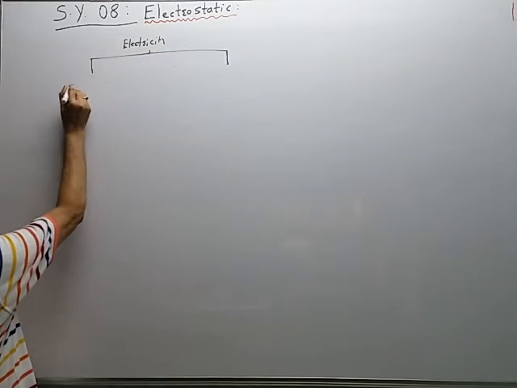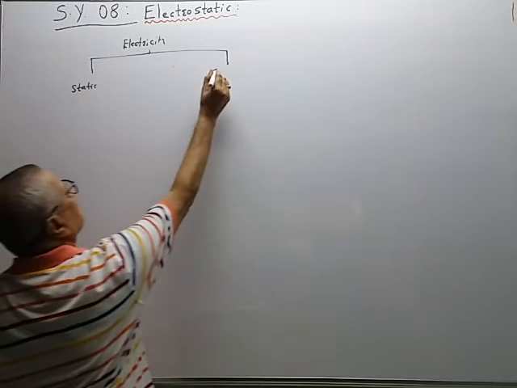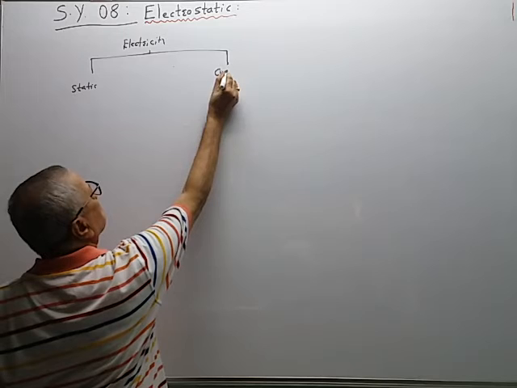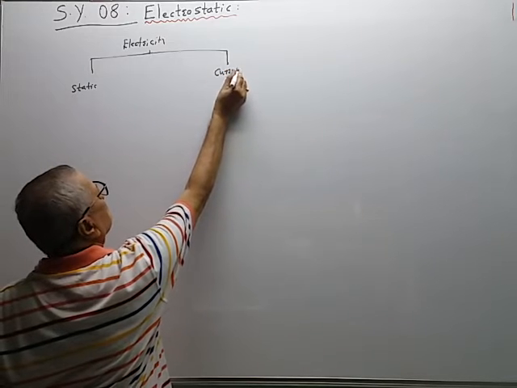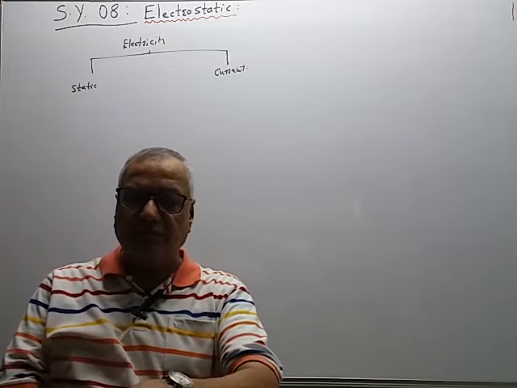One is static electricity and the other is current electricity. So what is the difference between them?